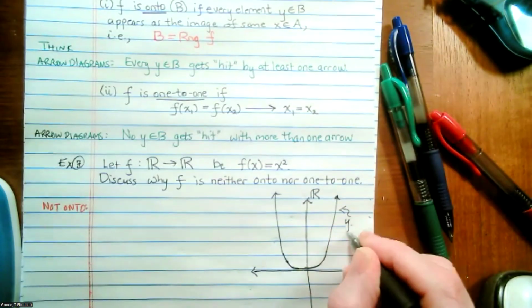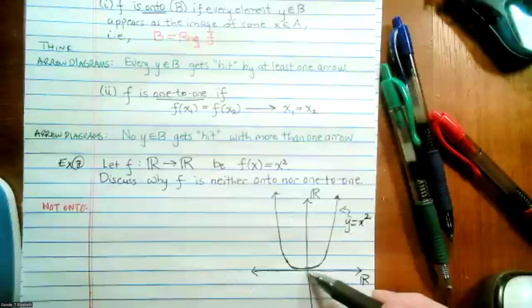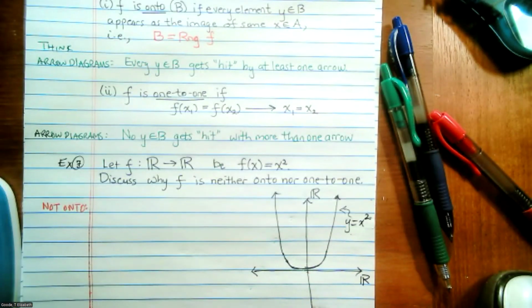Nope. All of the y values that sit below the x-axis are y values that x squared can never attain. So this is not onto the reals because none of the negative reals get hit by arrows. None of the negative reals appear as second coordinates.